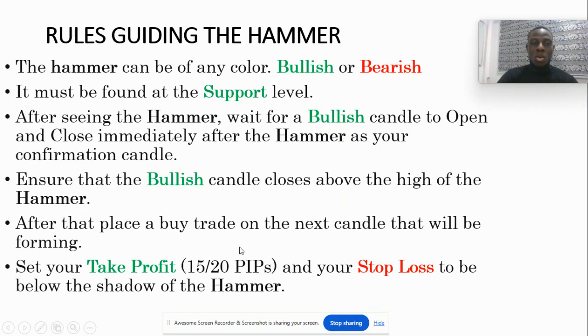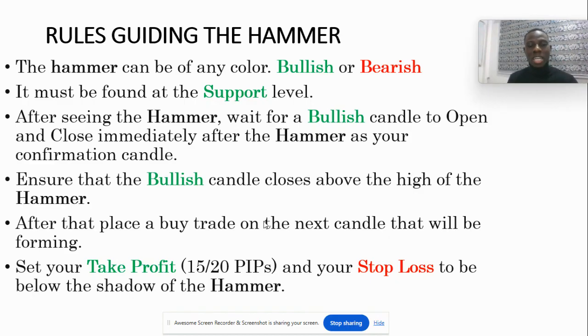So now, what are the rules guiding the hammer? Based on experience and how far I've been able to use candlestick patterns to trade, these are the rules guiding the hammer. If you were not able to go through each of them, you can pause the video and walk through each of the rules, and it's easier for you to make use of the hammer to trade.